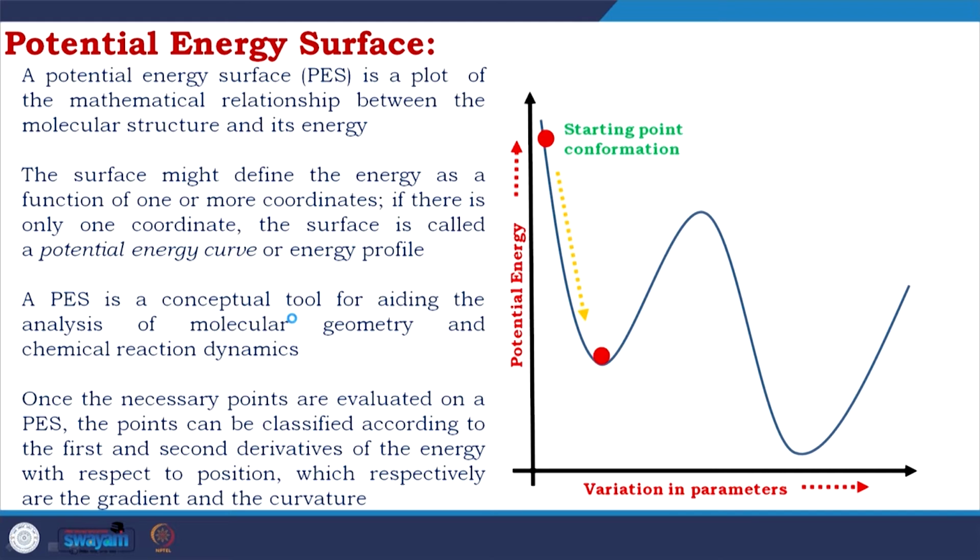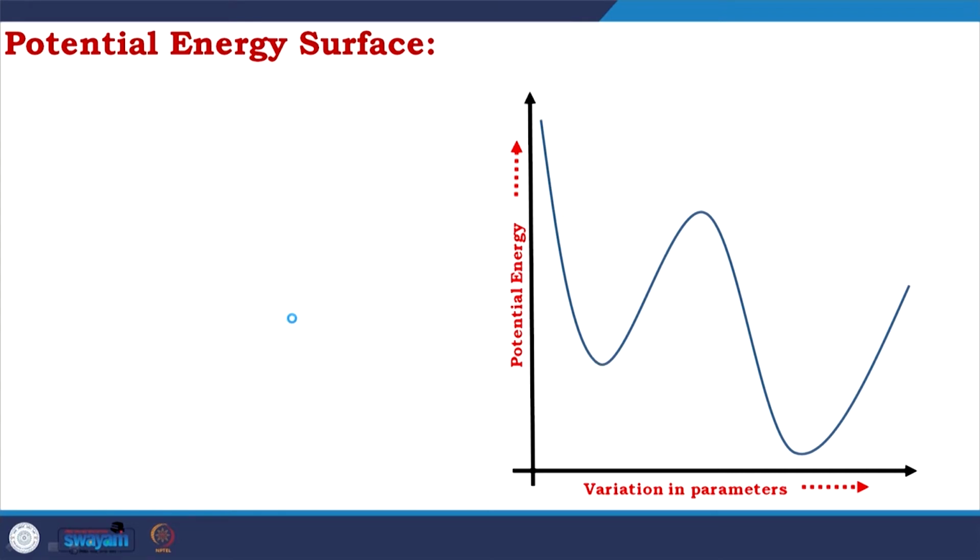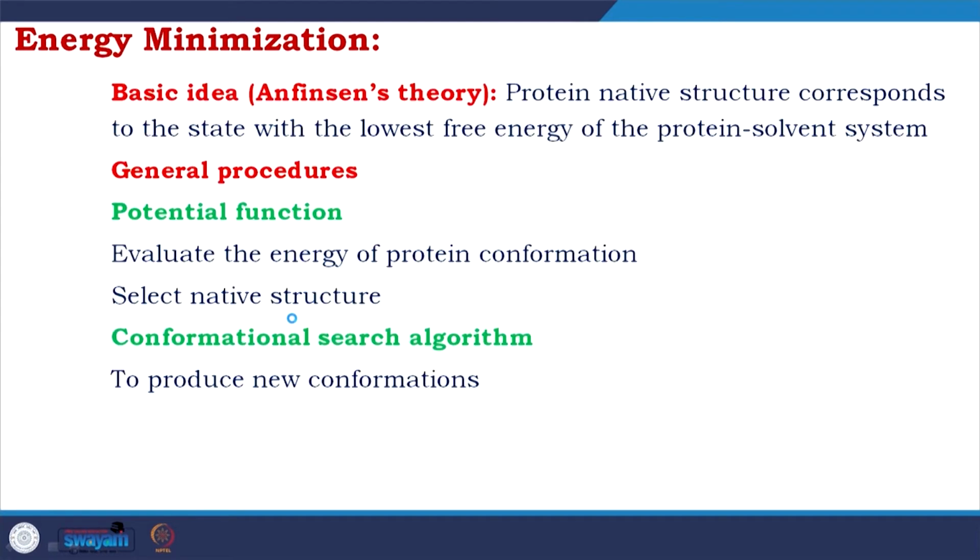One thing I should go back and talk about again is something I did not utter here. The protein's native structure corresponds to the state with the lowest free energy of the protein-solvent system. That is a hypothesis which gives us a proper drive.